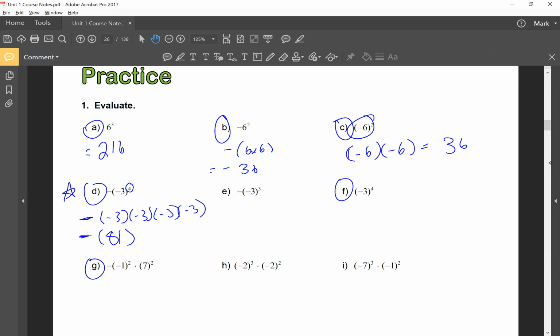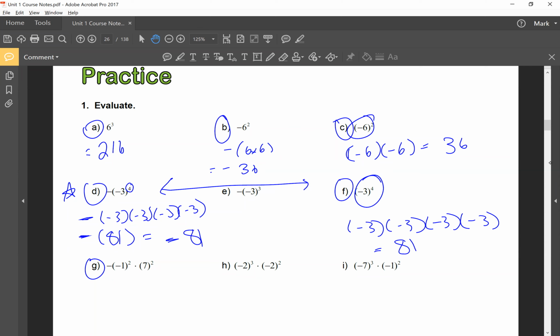Like -3 to the power of 4, with brackets, is a positive 81, but the negative outside stays. So this is -81. So for example, this one, -3 4 times, your calculator should give you a positive 81. So just look at how D and F are different. Compare them, completely different.